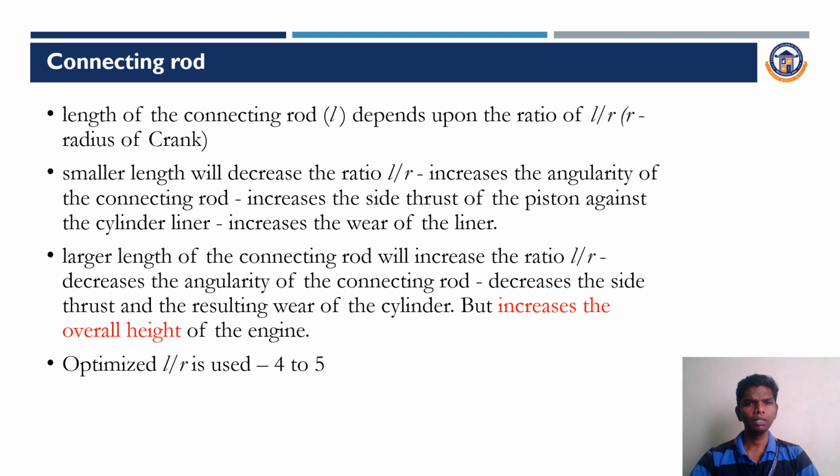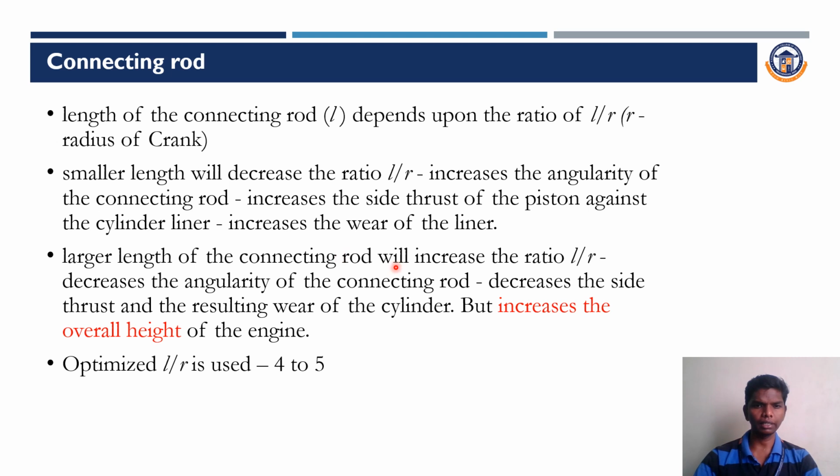The length of the connecting rod, small l, depends upon the ratio L by R, where R is the radius of the crank. A smaller length will decrease the ratio L by R, increase the angularity of the connecting rod, increase the thrust of the piston against the cylinder, and increase the wear of the liner.